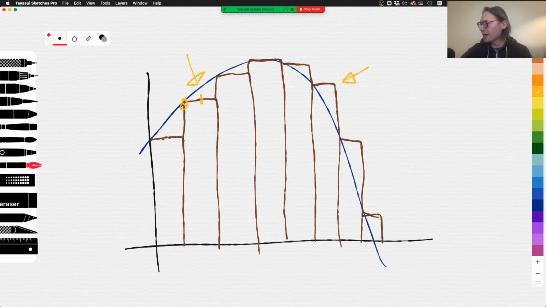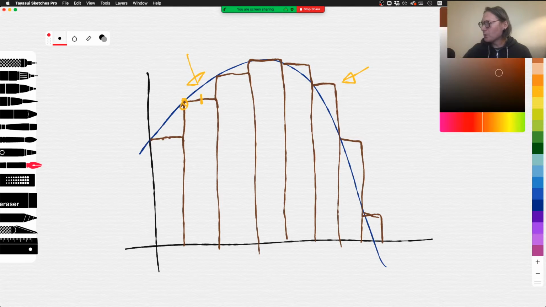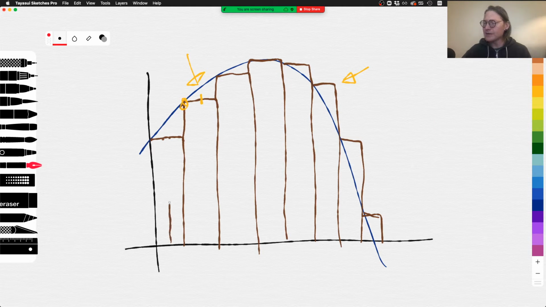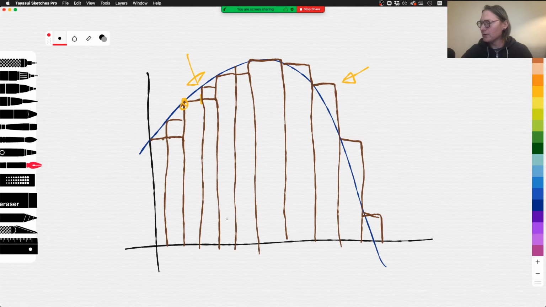And if you're thinking about it, well, you can always divide these in half and do better, right? So we can always build some better precision. If I can draw straight, right? If we divide these in half, we're going to get closer and closer to the actual area.